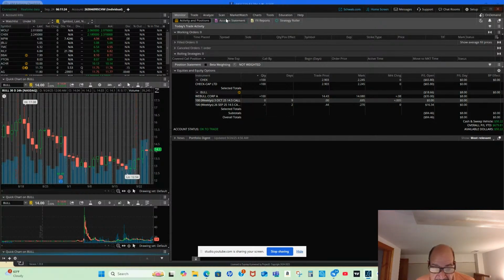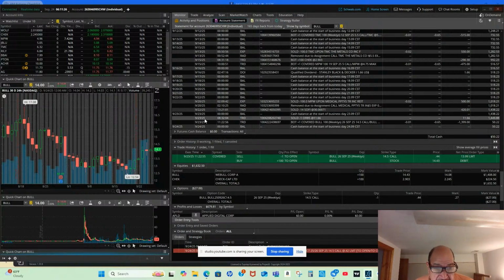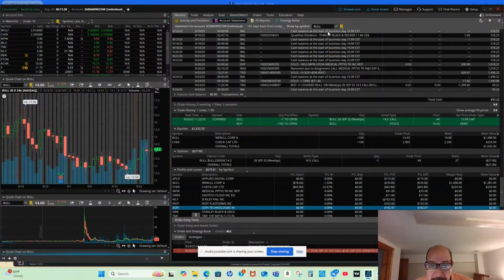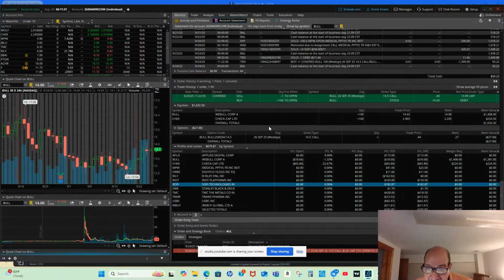It would be easiest to do by showing you the symbol and all of the trades that I did. I bought 100 shares for 14.43. At the same time, the market paid me 44 cents per share, or $44, because there are 100 shares.